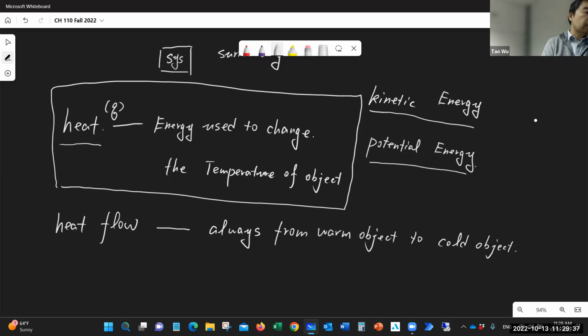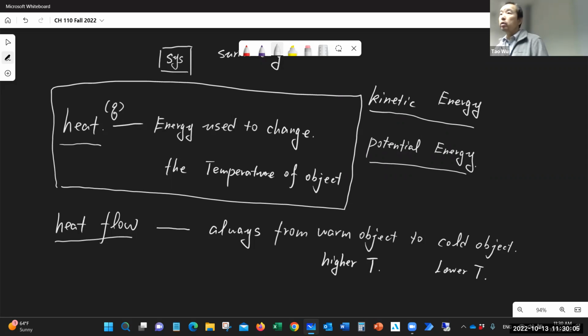So the heat always flows from a warm object to a cold object. That is the heat flow. They always transfer from the higher temperature object to the lower temperature object.